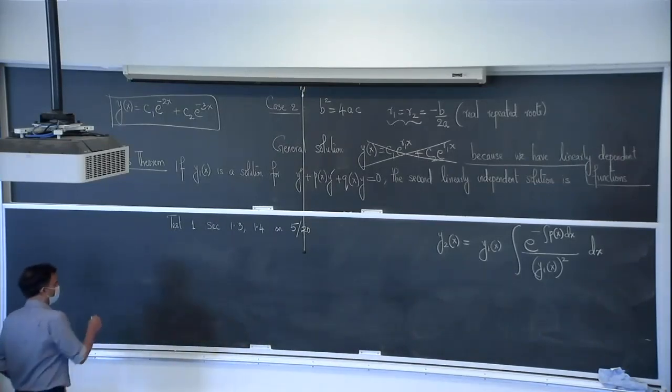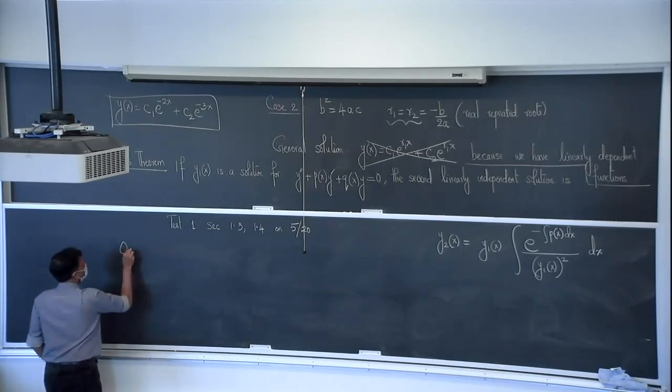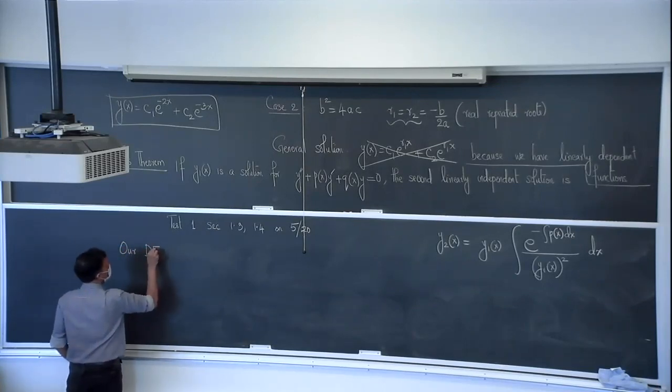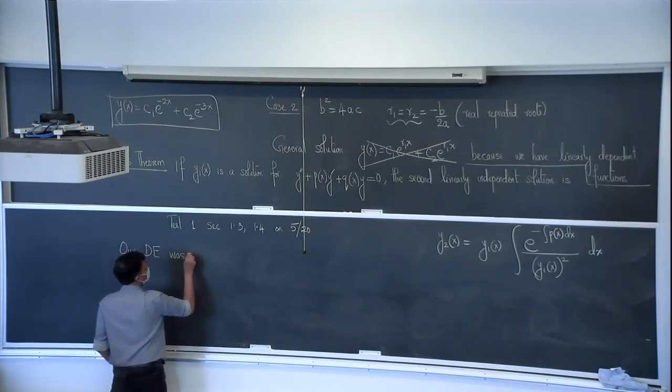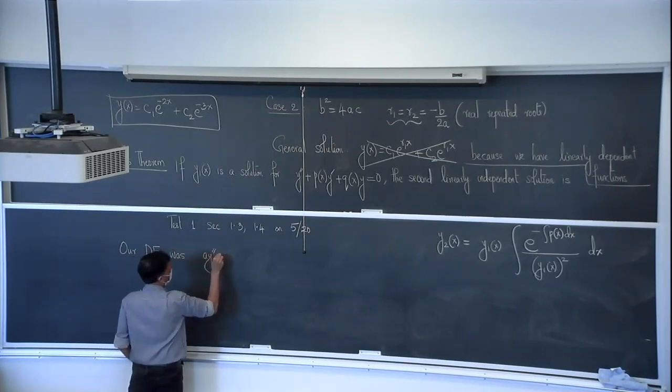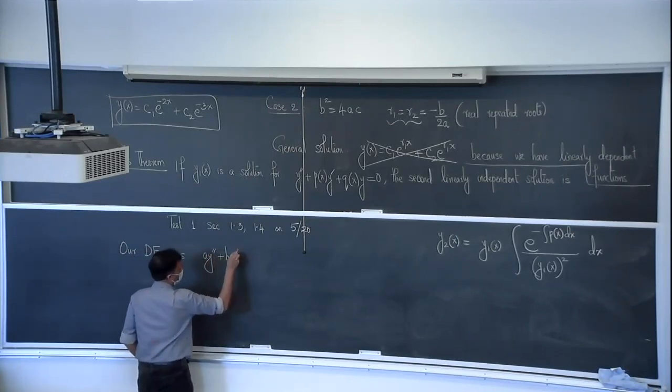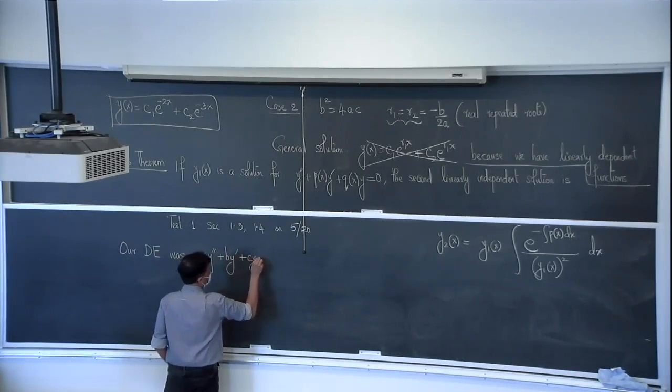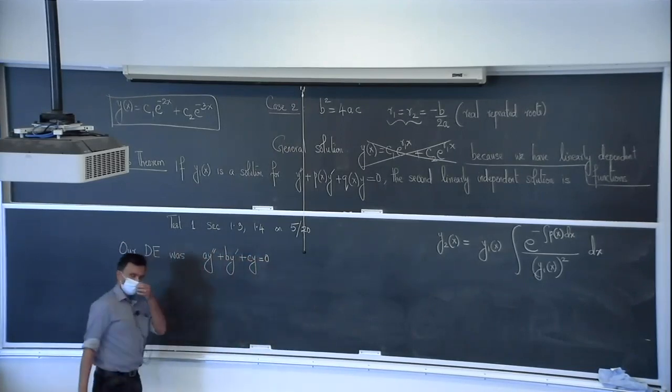So what did we have? Our equation was this: a y double prime plus b y prime plus cy equal to 0.